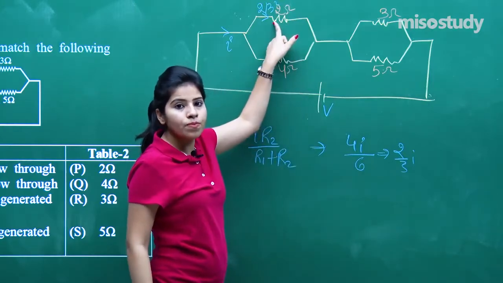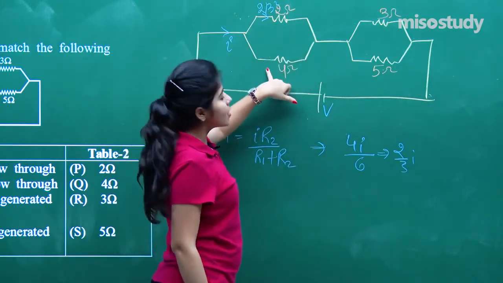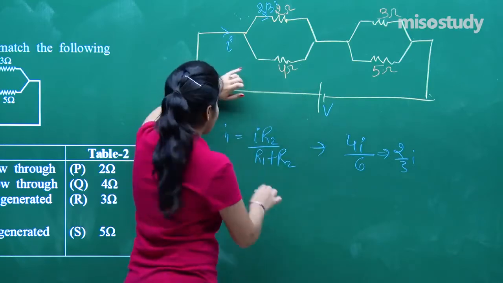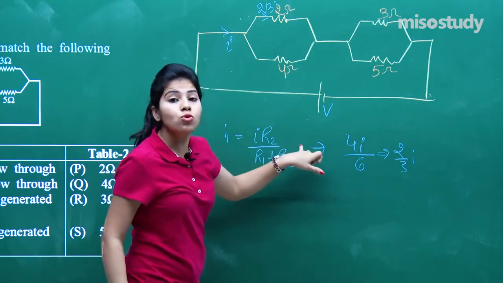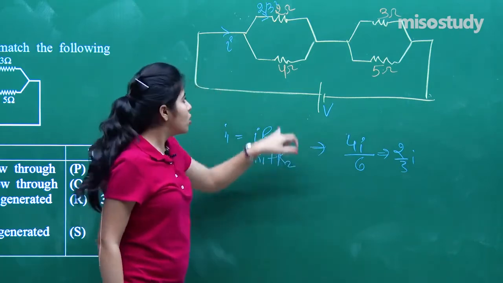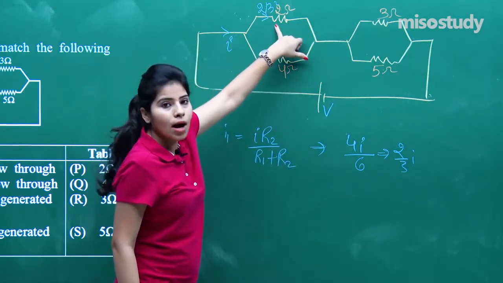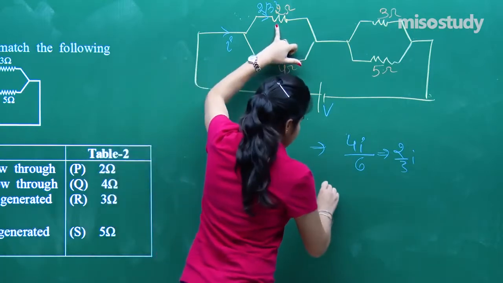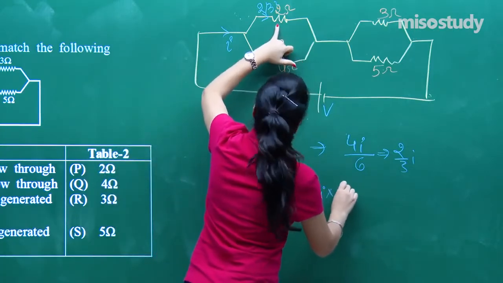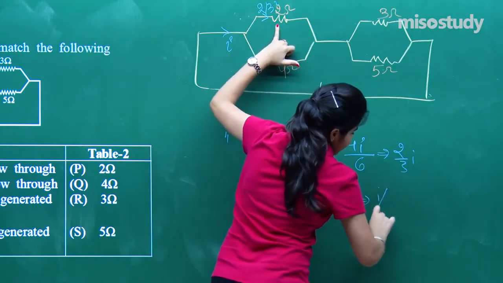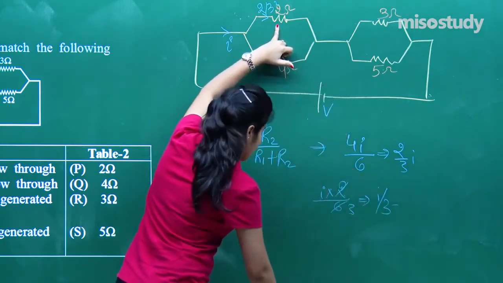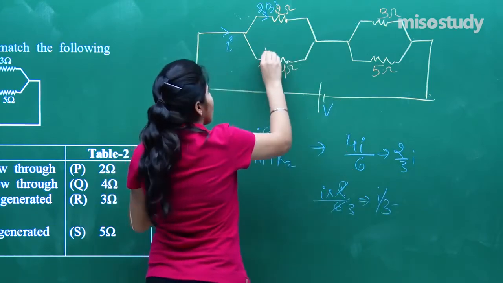Is it visible to you? Okay. Now in this arm we are again going to apply the formula, which becomes I into R1 upon R1 plus R2. So that means I into 2 upon 6. So you have I by 3 as the current in this particular arm.